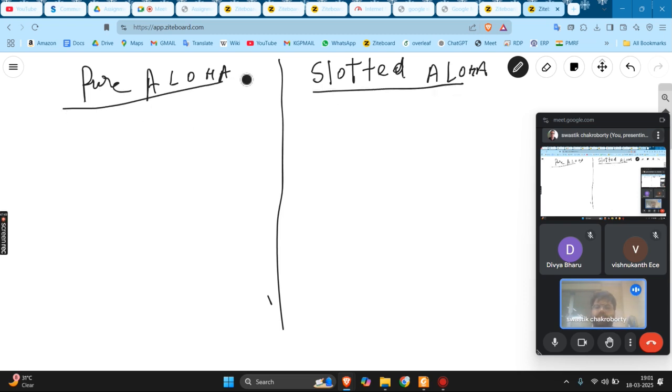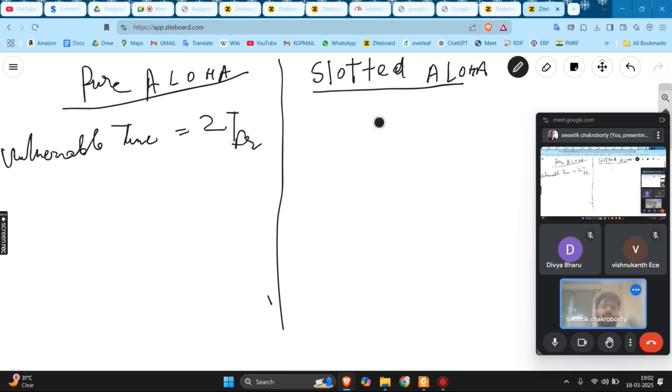First is vulnerable time. Vulnerable time is 2 TFR, once for the sent packet and once for the acknowledgement. And here it is TFR. TFR is frame transmission time.